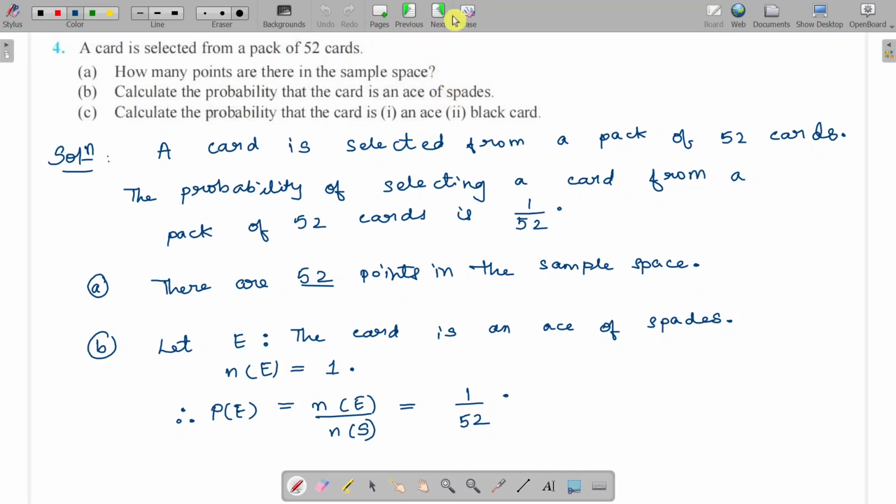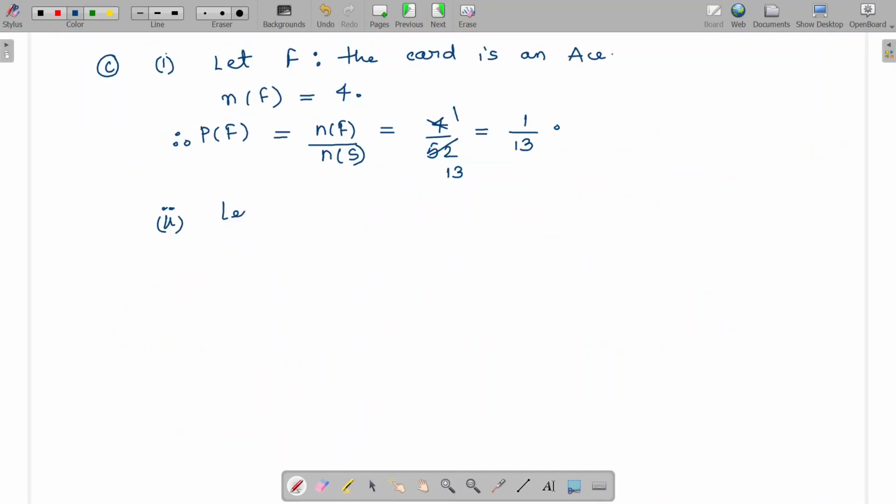Okay, now second, let us take the card is a black card. So let G be the event that the card is a black card. So n of G, if you look at it, how many black cards can you get? That is 13, right?